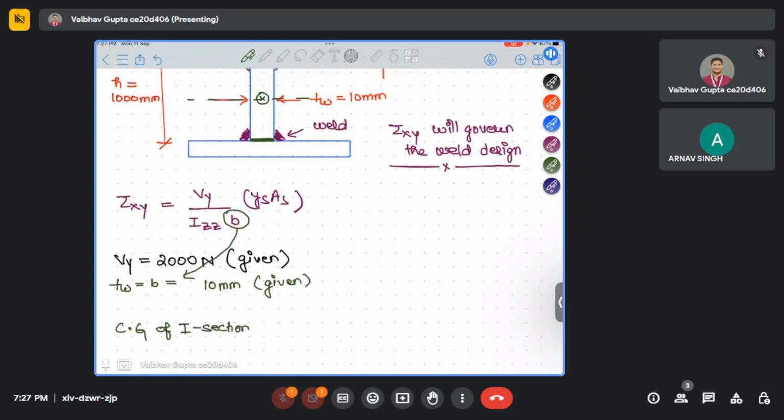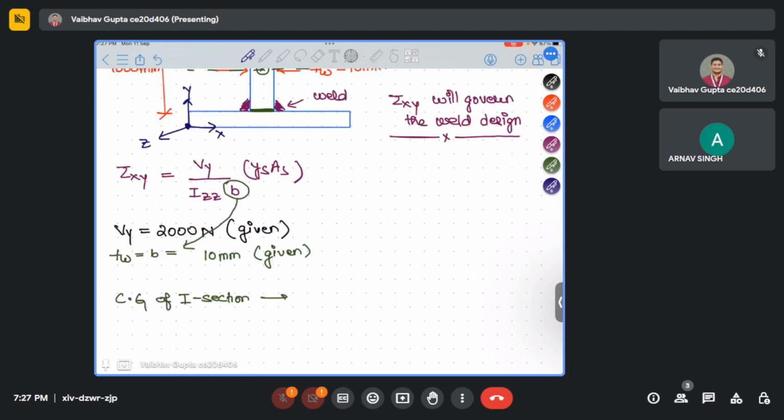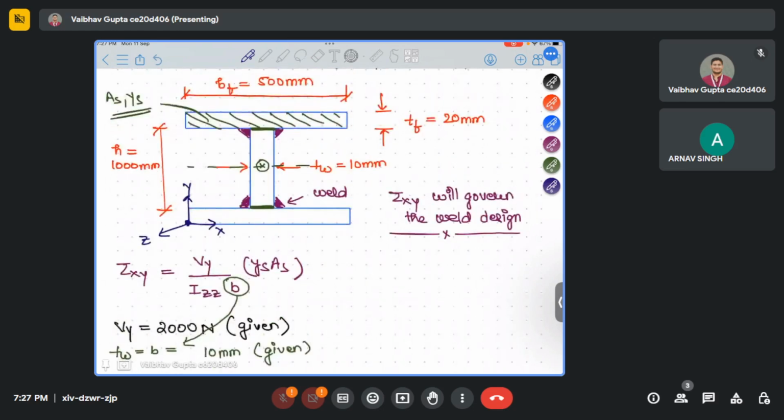Since it's a symmetrical section, if I take my coordinate axes from the bottom, x, y, and z, YCG will be at H by 2 plus TF.